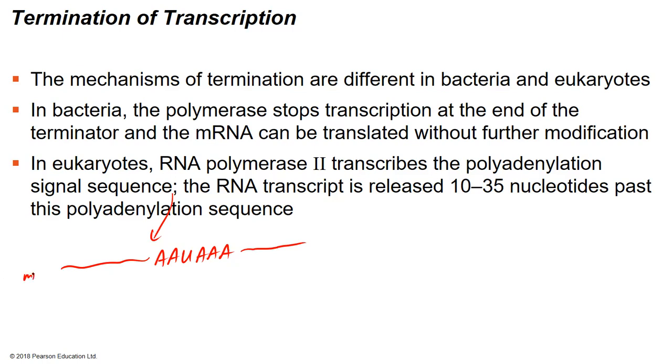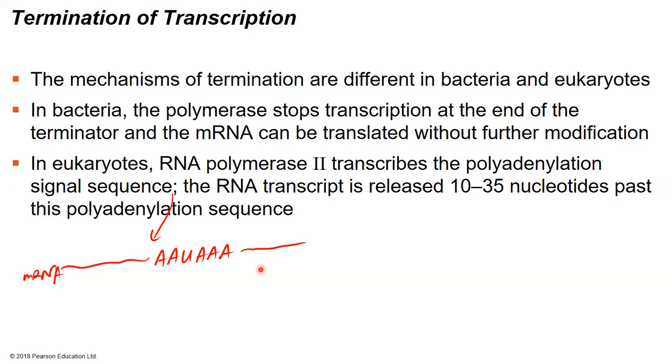Then, after this sequence is transcribed by the polymerase, 10 to 35 nucleotides after it, the mRNA transcript will be cut from the polymerase, and then the RNA transcript will be released.